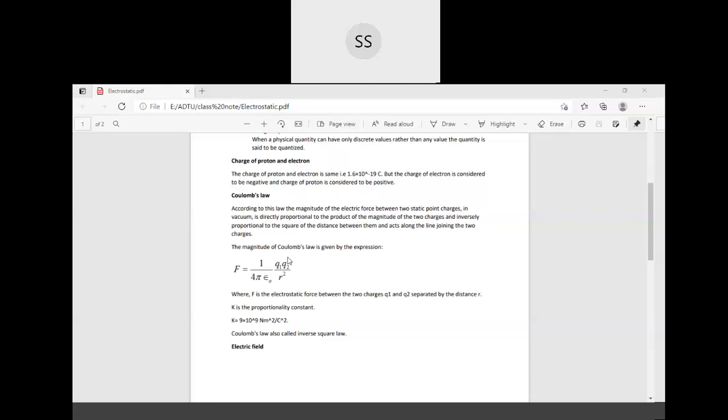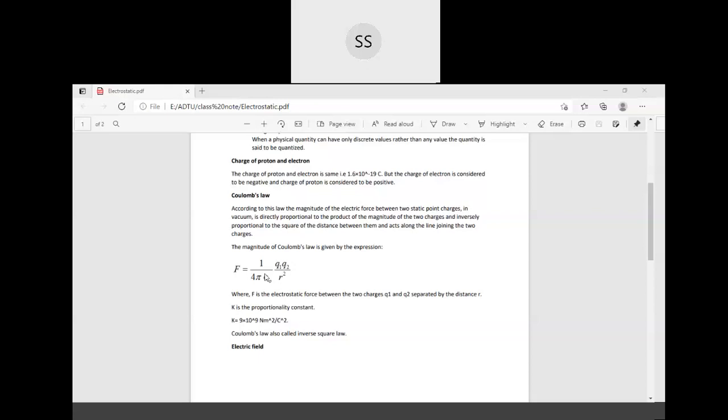So it is inversely proportional to the square of the distance between the charges. With the increase of the distance, force decreases, and with the decrease of the distance, force increases. So the second point, F is proportional to 1 by r square, or F is inversely proportional to r square. Inversely means 1 by r square.